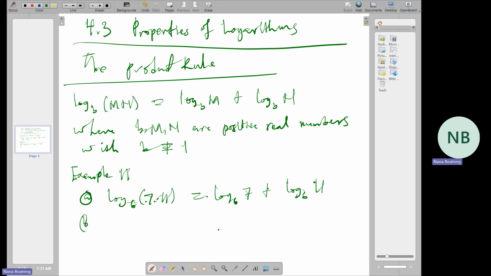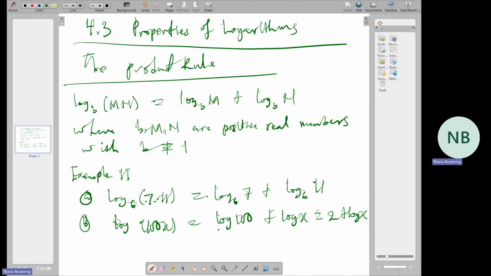And b is log of 100x, which means the default base is 10, but we don't write it, so this is equal to the log of 100 plus log of x, and log of 100 is 2, so this is 2 plus log of x.